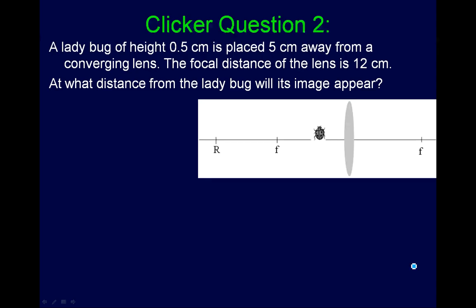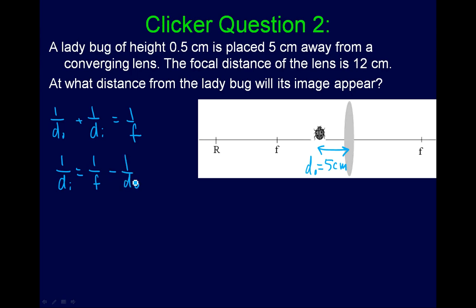So a ladybug of height 5 centimeters, we don't really need that. What we really need here is just this information: 5 centimeters is how far away the bug is from the lens, and that's going to be the distance to the object. So we take our equation, 1 over DO plus 1 over DI equals 1 over F, and we're looking to find DI, the distance to the image. So it's 1 over F minus 1 over DO.